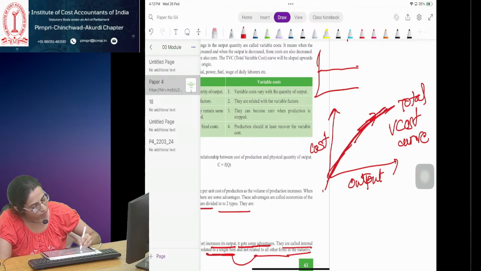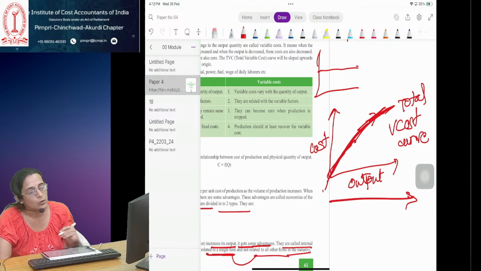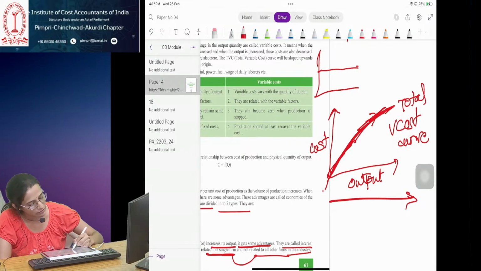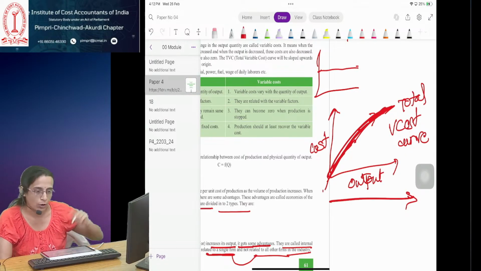What will be the reason? If the output increases, as we studied, total variable cost is increasing. Output is going to the right side, output is increasing, so total variable cost will also increase. So it is going upwards from left to right. Clear?